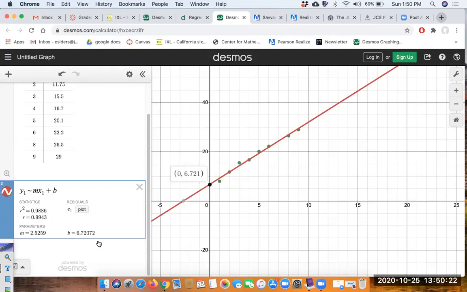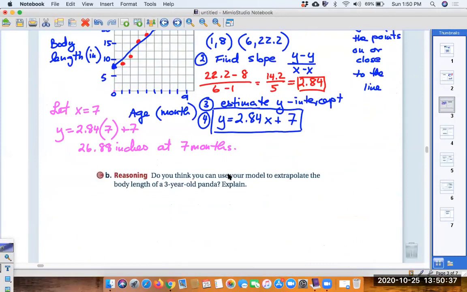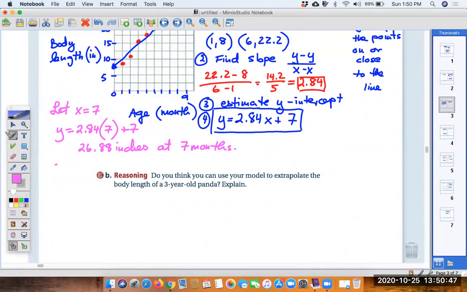So now I have the slope. I'm going to go back to my other screen, and I'm going to use the equation I just found with Desmos, which is definitely more accurate than our handwritten graph. But I needed you to see how to do it in case you have to know how. Once you know how, you can use Desmos.